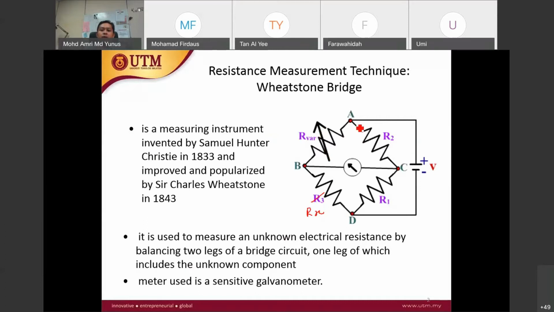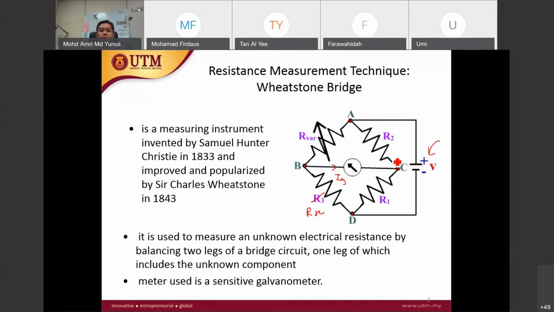Between A and D, we give a DC voltage supply to the Wheatstone bridge. Between B and C, there is a galvanometer, which will estimate the condition of the bridge.